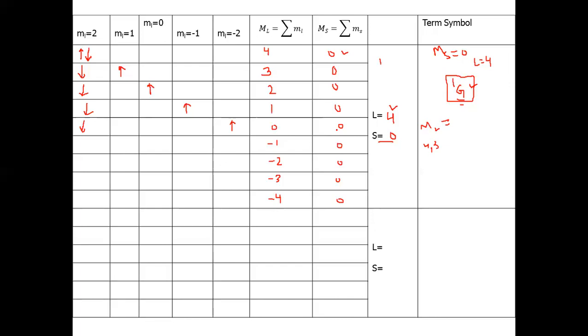Now next we need ML equal to -1. What can we do? We can move this electron to here, ML plus 1, and keep the other as it is. This gives 1 minus 2, minus 1, and MS is 0. Next we need -2, so we move this electron to here. 0 minus 2 gives -2. Now we need -3.